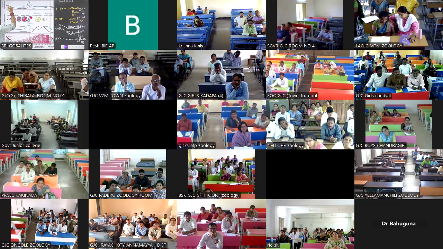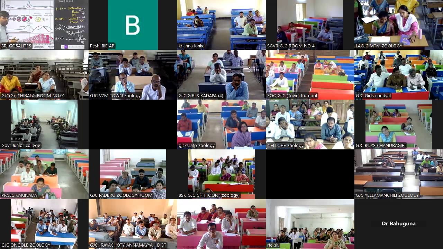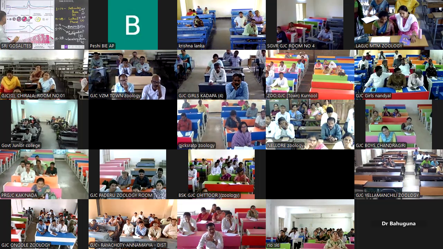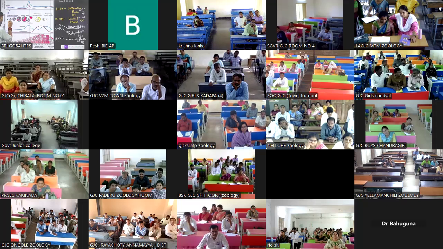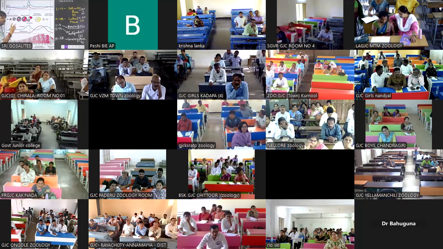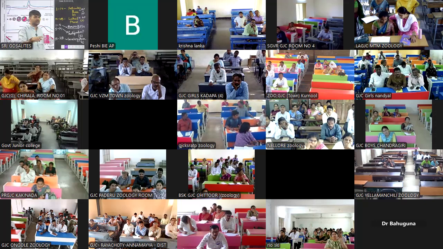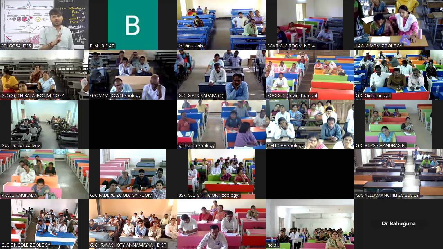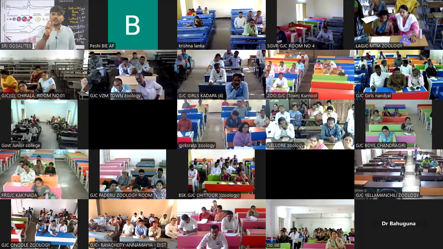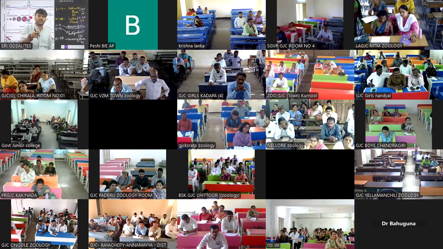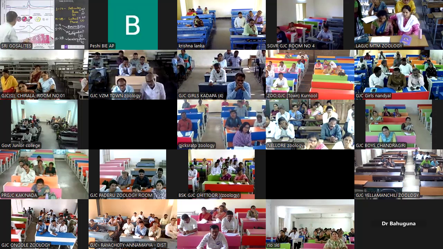FSH on D1 will start working on developing follicles. Developing follicles means they will increase in number as well as size. A huge number of follicular cells will increase. Cells, not follicles, follicular cells. Follicles are fixed; follicle number is not going to increase. So follicular cells will increase, and their size will also increase.